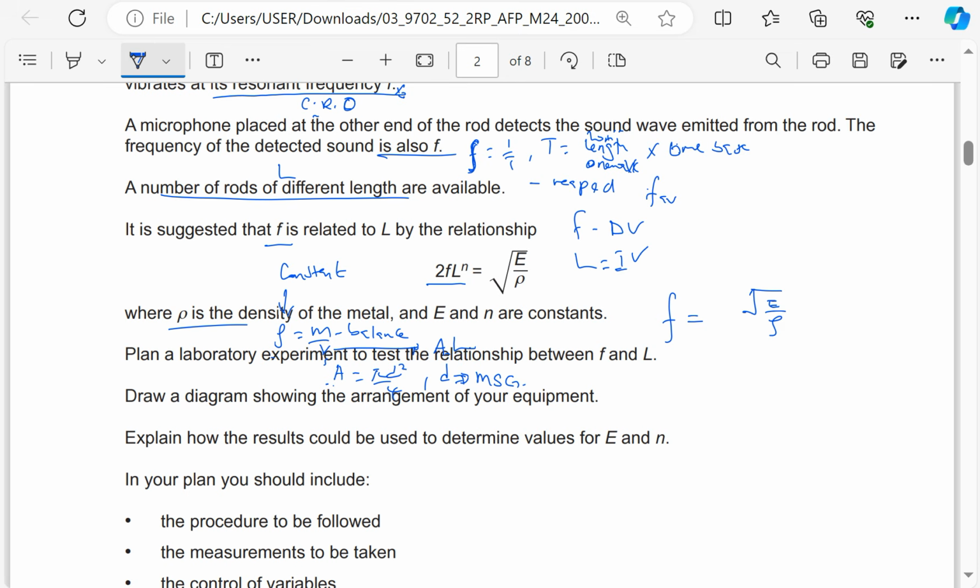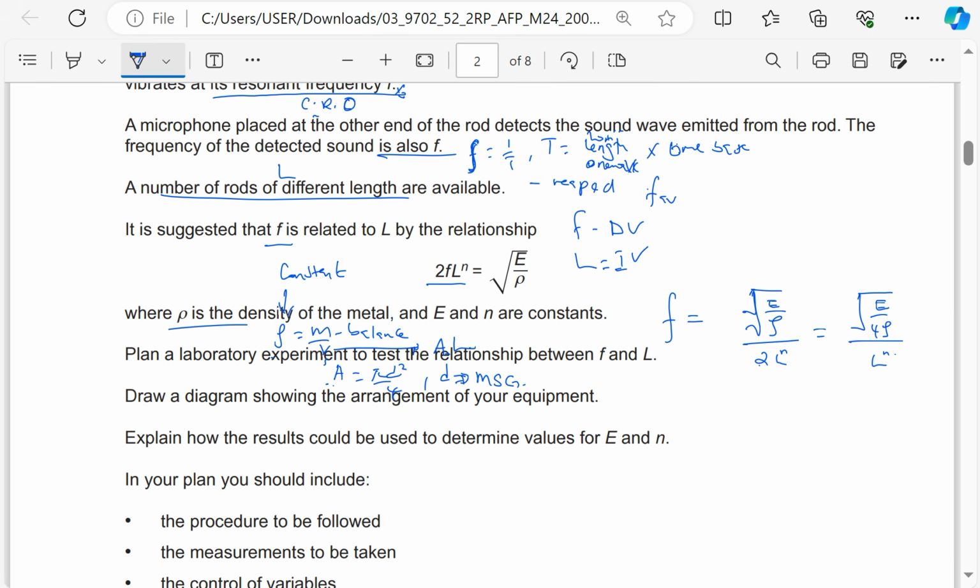So I was making f the subject. f is equal to the root of E over 2 rho, divided by 2 times L to the power of n. I will take the 2 inside, and of course, it must be squared. So this is the same as the root of E divided by 4 rho, then divided by L to the power n.